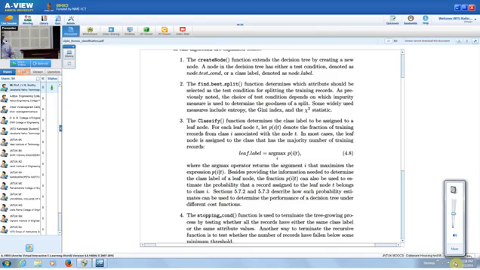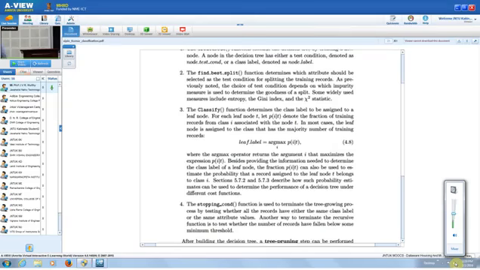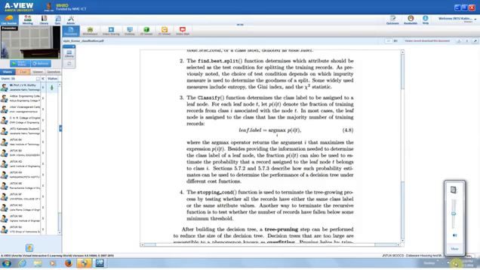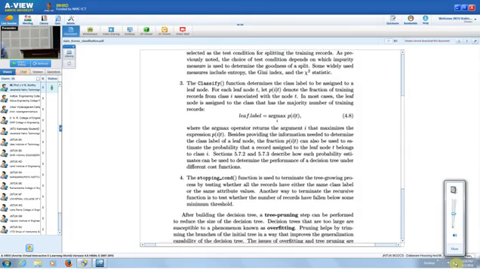The stopping condition is the function that is used to terminate the tree growth. I said it stops when all the labels are identical, or you have the same class label or the same attribute values. Another way to terminate is to test whether the number of records has fallen below some minimum threshold. You need a minimum threshold because there should be strength for your argument.